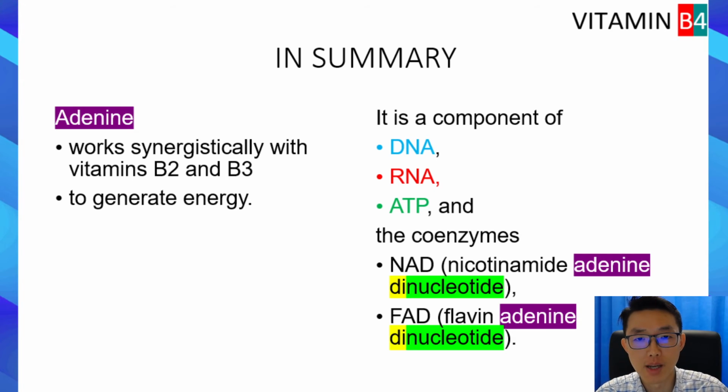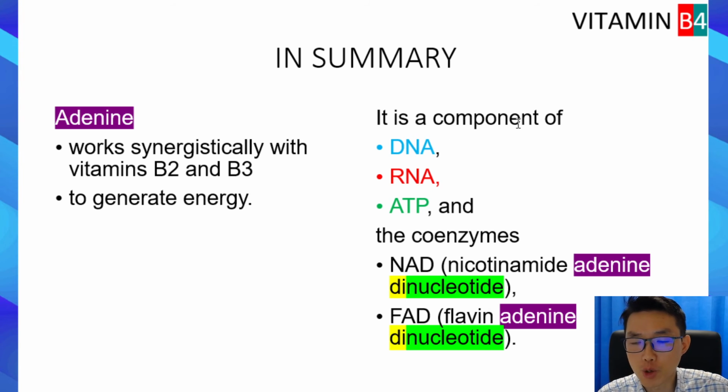In summary, adenine, the former vitamin B4, works synergistically with vitamins B2 and B3 to generate energy, which is needed for all metabolic processes within the body.